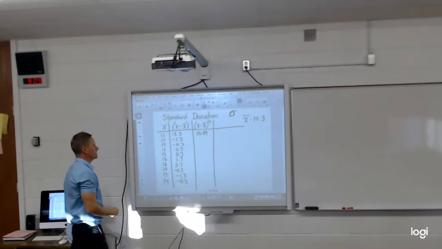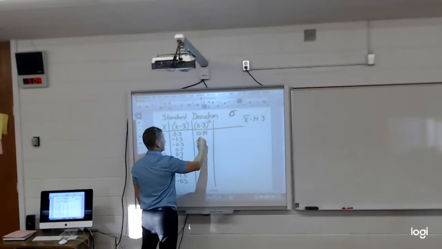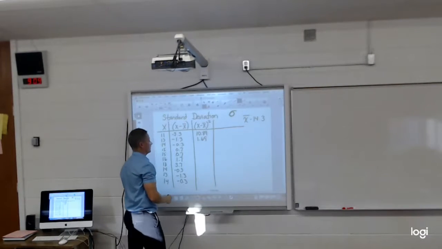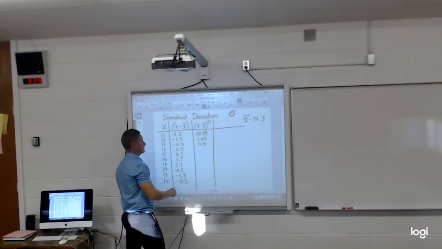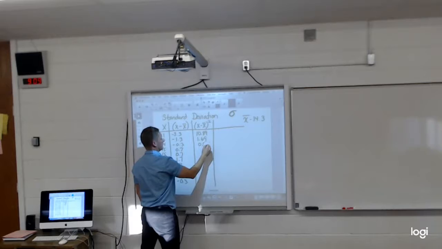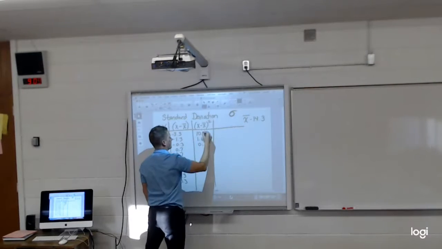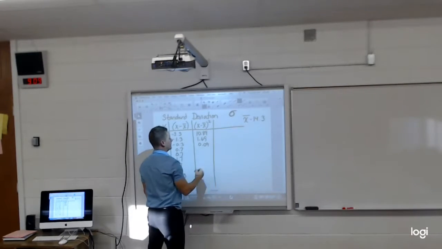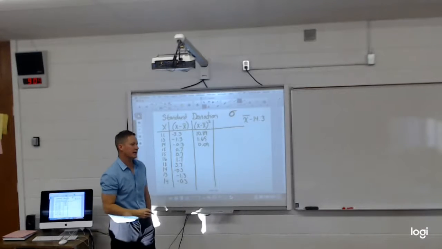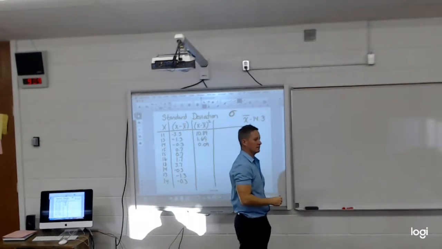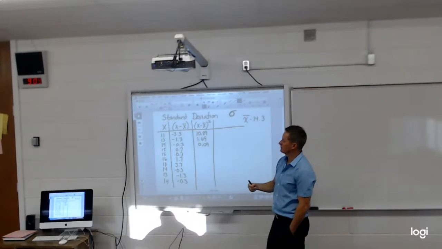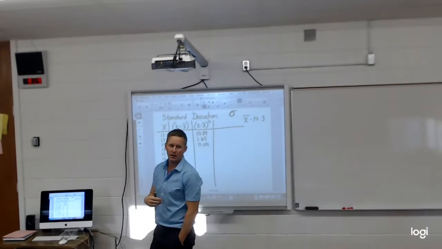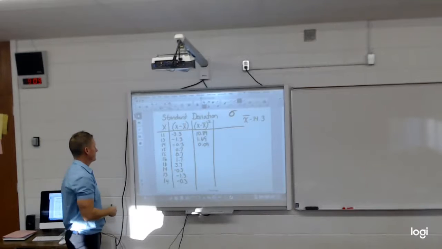Okay, 1.3 squared is 1.69. 0.3 squared should be 0.9, or no, 0.09. How are you getting a positive? If you square a negative number, what's negative 2 times negative 2? 4. So every time I square a negative number, I get a positive. Okay?